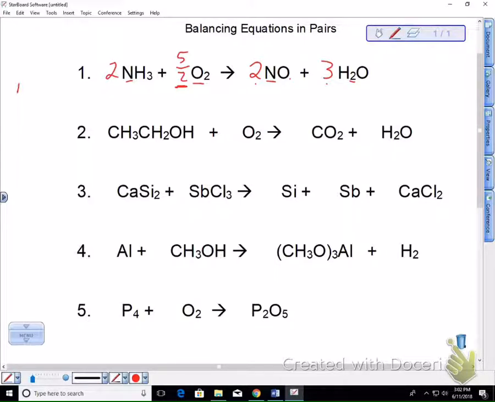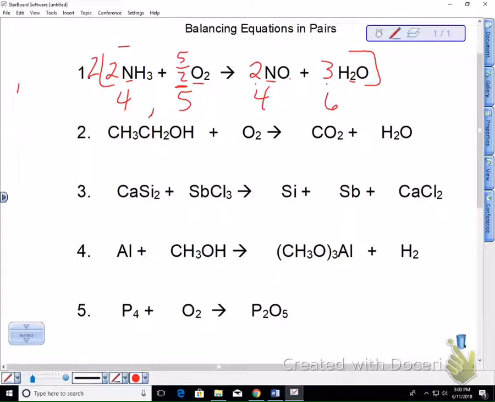Now we don't really want to leave the fractional coefficient, so what we're going to do is we'll multiply the entire reaction by 2, and that'll give me the coefficients of 4, 5, 4, and 6. And that would be the final answer for that one, 4, 5, 4, 6. Of course, you could erase it and put it in its normal place as well.